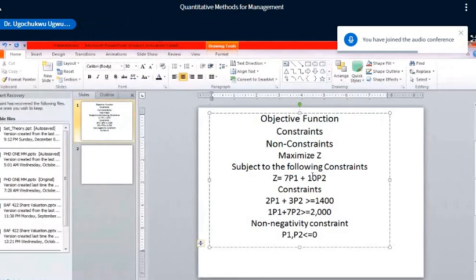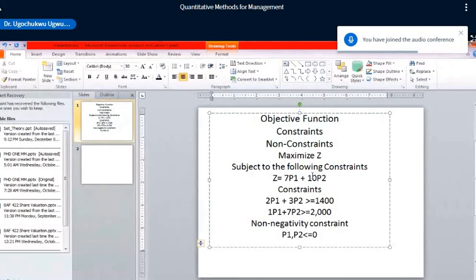So A should be greater than or equal to 20, and B should also be greater than or equal to 10. The non-negativity constraint is A, B must be greater than 0. That is what we mean by a linear programming model.